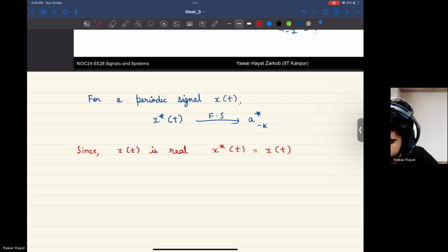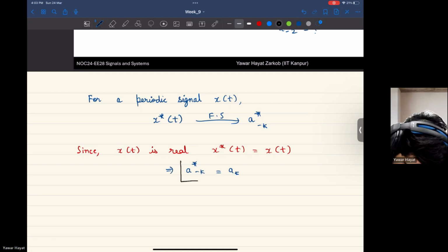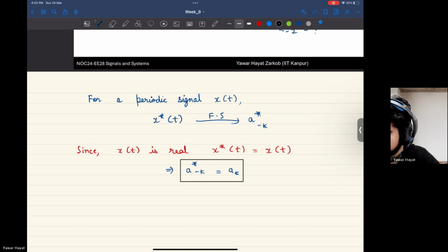So now, what do we conclude from this? We conclude that a star minus k will be equal to ak, right? So what about a minus k?